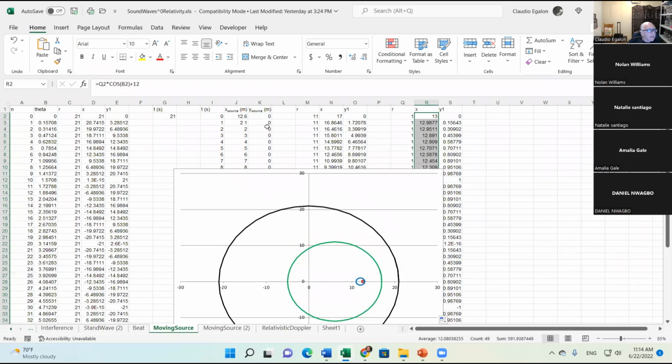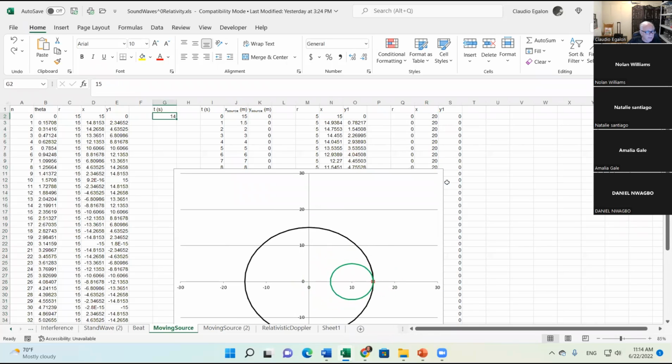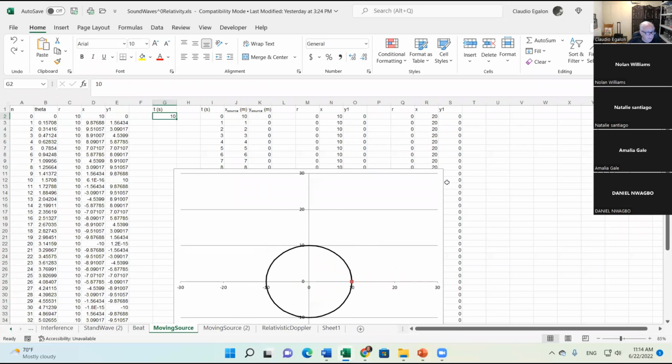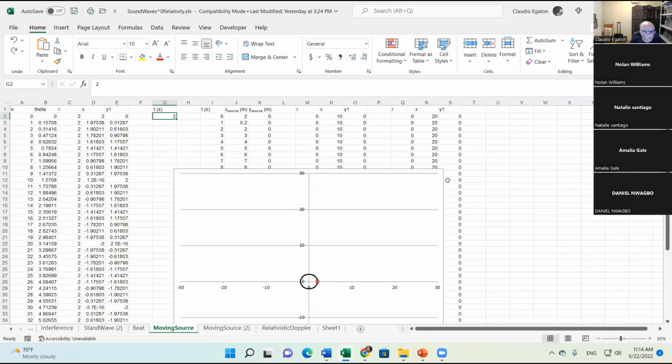And going back to what we had before, right, here you go. Let's animate it. Let's animate it again. Here you go. Supersonic speed is actually Mach equal to 1.